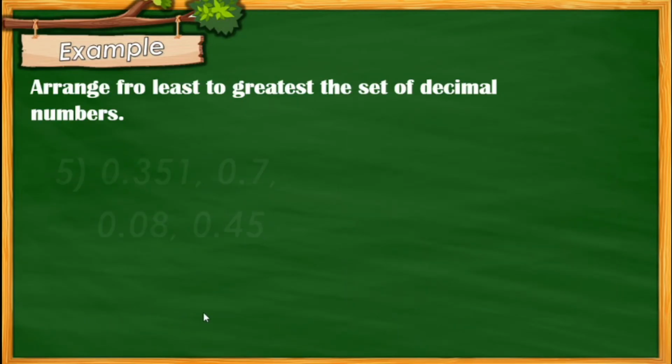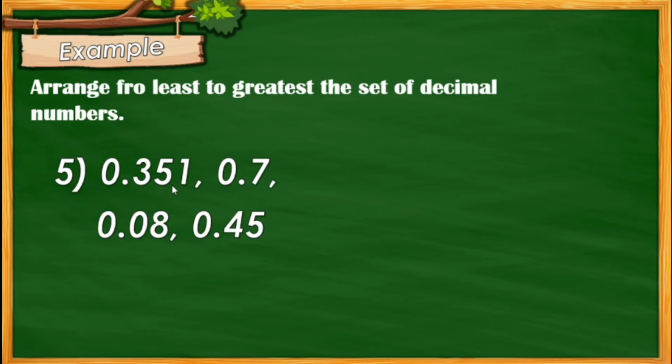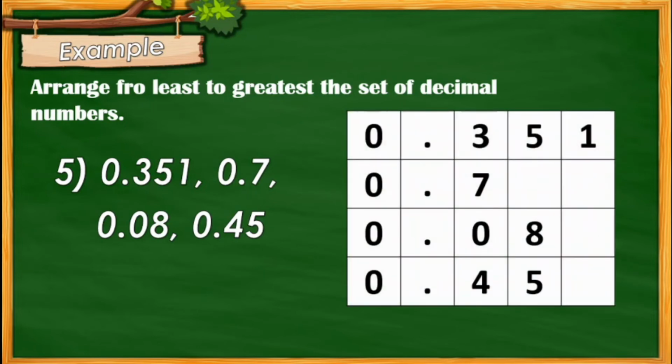Next, number 5. 351 thousandths, 7 tenths, 8 hundredths, 45 hundredths. So again, use the table. If you already know the answer, you're going to write all the zeros again, and then arrange from least to greatest. Least is 80 thousandths.